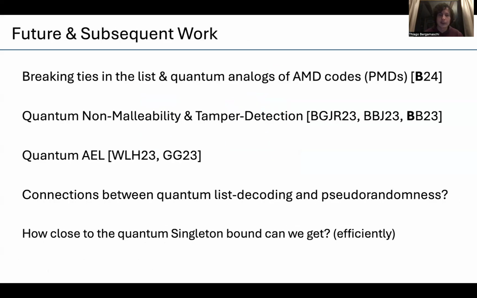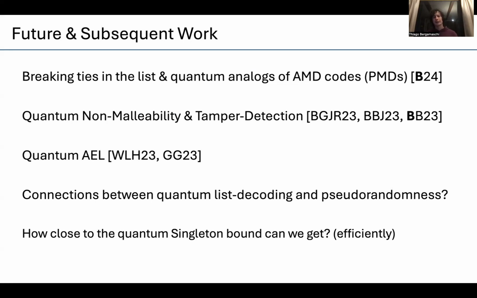Excellent. So to conclude with some words on subsequent and future work, in recent work at Eurocrypt this year, I worked on refining our list decoding to approximate quantum error correction reduction by leveraging a certain quantum analog to algebraic manipulation detection codes by Kramer et al., which lie at the intersection of coding theory and cryptography.